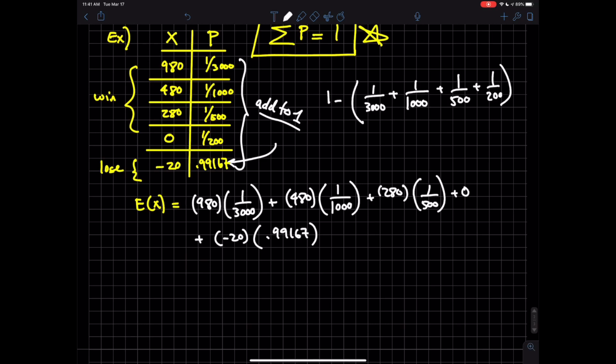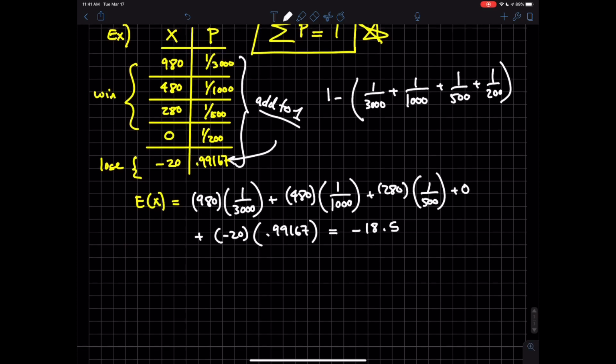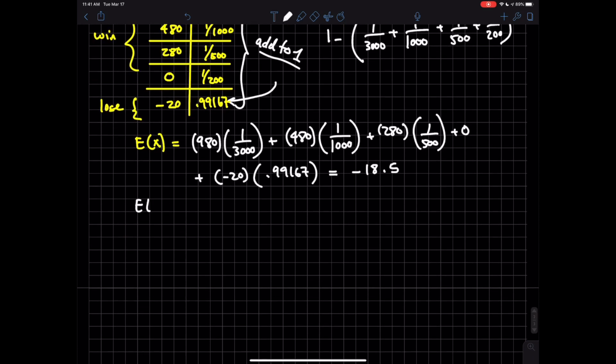If I do that on a spreadsheet or on a calculator, I get an answer of -18.5. So my expected value, which is the average of this experiment, is -18.5.